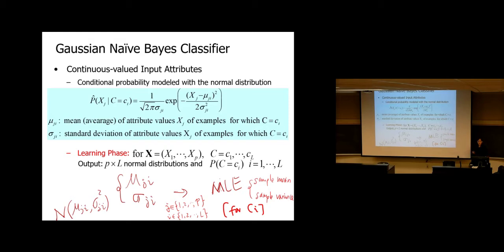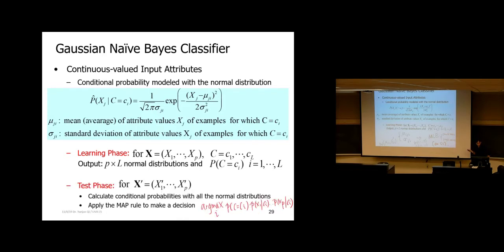That's the whole idea of a generative model, right? For each class label, you have a generative probability formulation. And in the testing phase, you do the same thing. You calculate for C equals Ci, P(x1 | Ci) until P(xp | Ci), using the equation exactly here by replacing the mu and sigma with the sample mean and sample covariance.